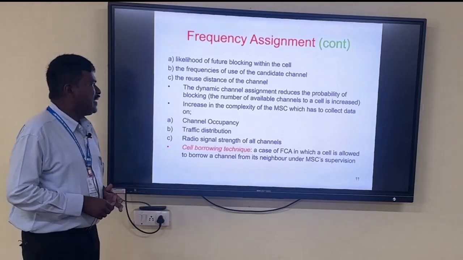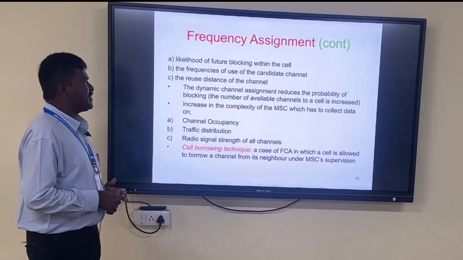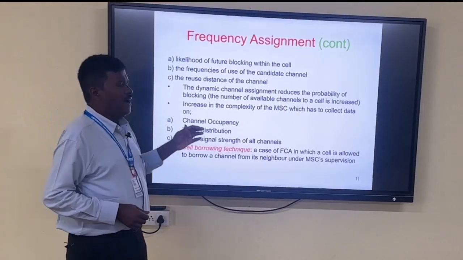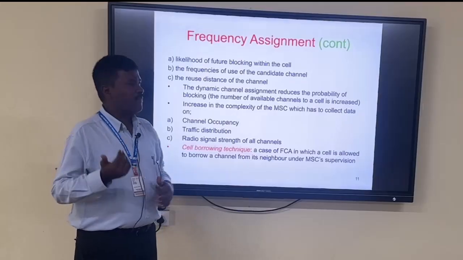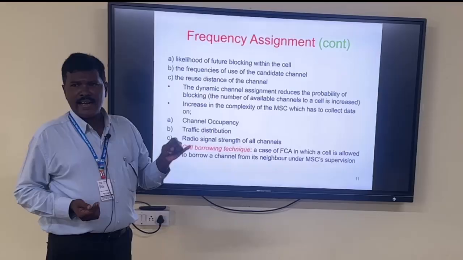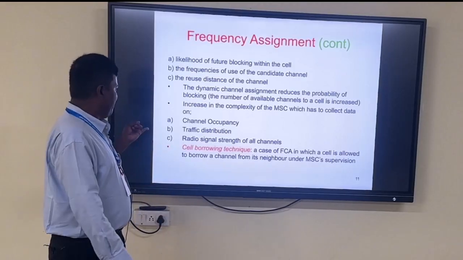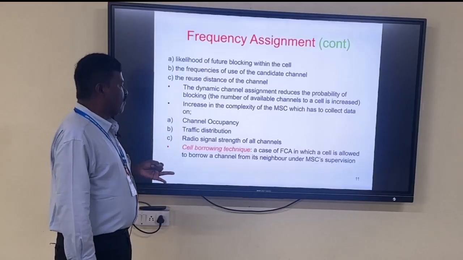Simultaneously, the mobile switching center complexity will also increase with this kind of process, and it has to collect more data in three categories: channel occupancy, traffic distribution, and radio signal strength of all the channels.